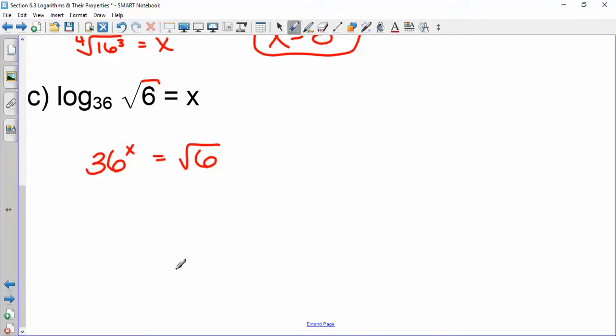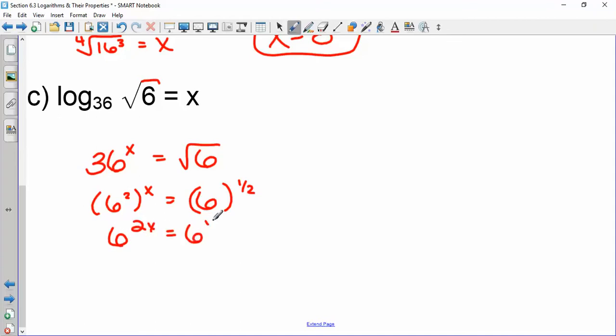What would you do? Yep, common base. So 36 is 6 squared. A square root is a what power? 1/2. So we have 6 to the 2x equals 6 to the 1/2. So 2x equals 1/2. Divide by 2, and we get 1/4.